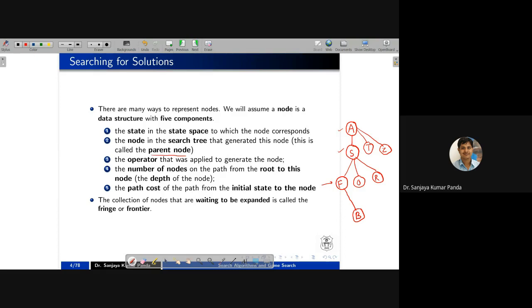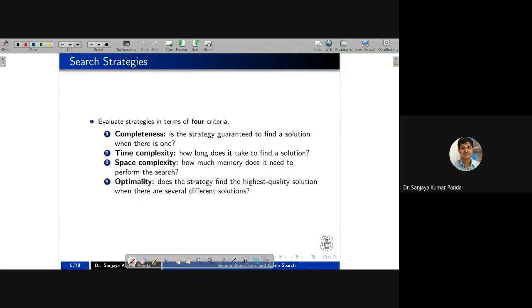Now, let us see the different criteria you have to follow in order to evaluate the performance of a search strategy. There are 4 different criteria you need to find for each and every search strategy. If you develop a new search algorithm or you go for an existing search algorithm, when you talk about performance, you need to consider these 4 criteria. First one is called completeness.